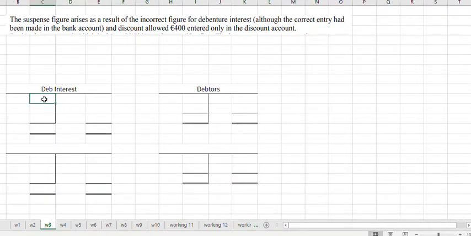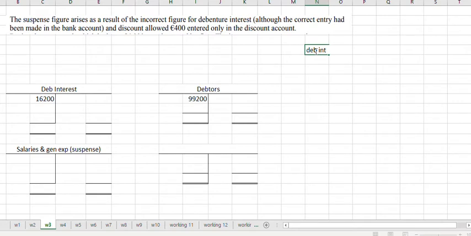Okay, so debenture interest figure 16,200, debtors figure 99,200, and the third, salaries and general expenses. I'm going to put suspense in brackets so we know that we're going to be dealing with that every time.